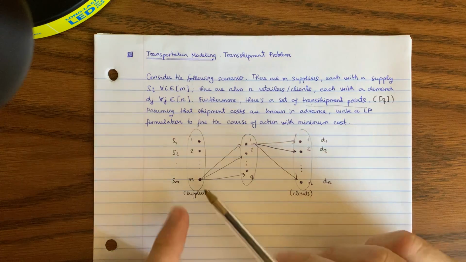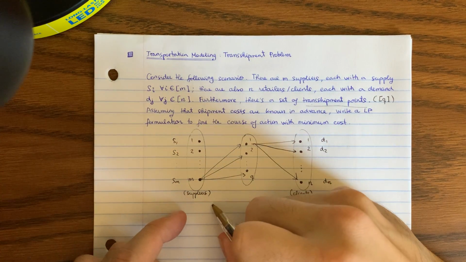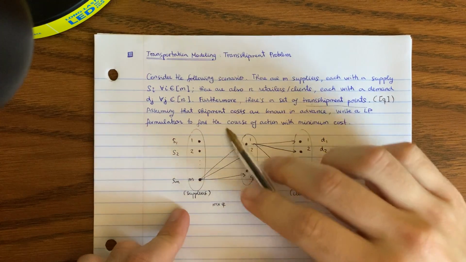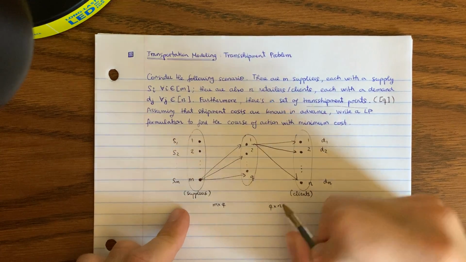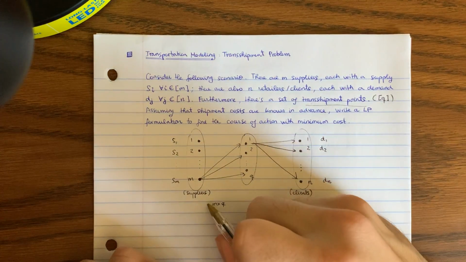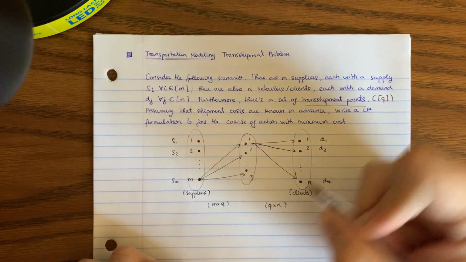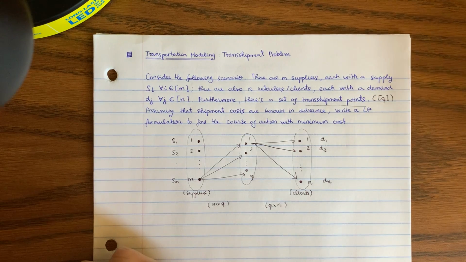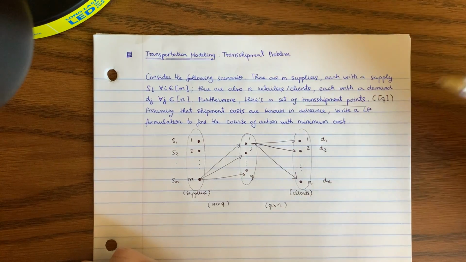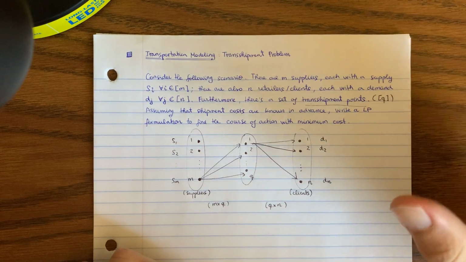In total, there would be M times Q arches over here, and Q times N over here, because we're allowing all arches to exist. And for each of these arches, there's an associated cost that we do know.